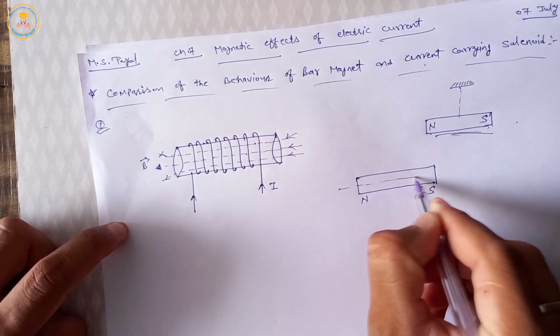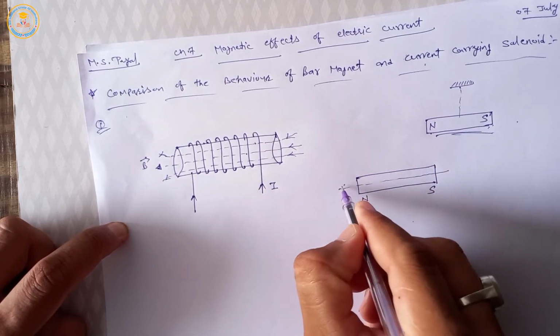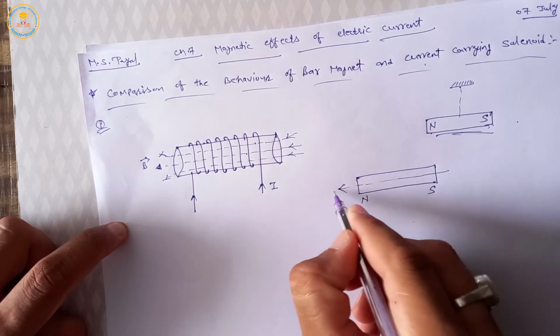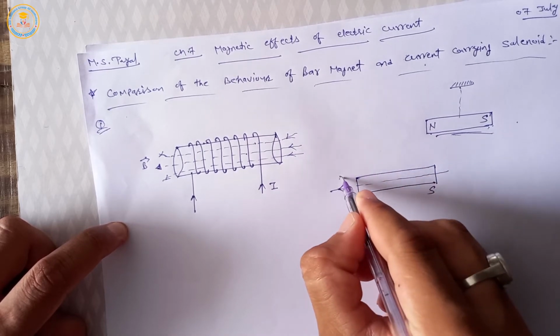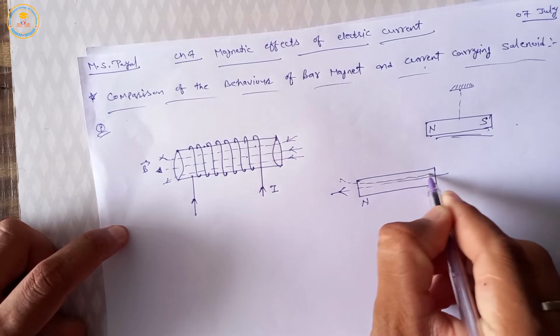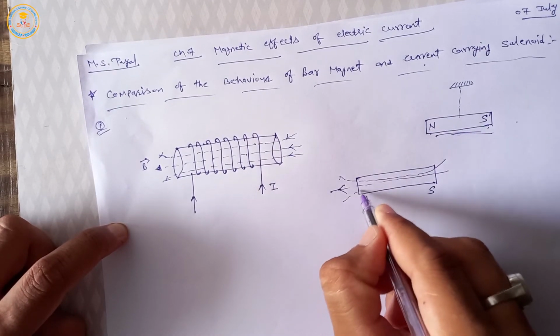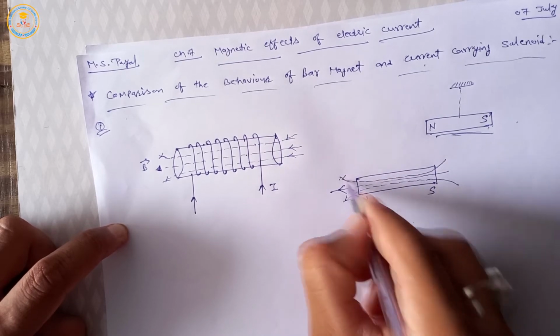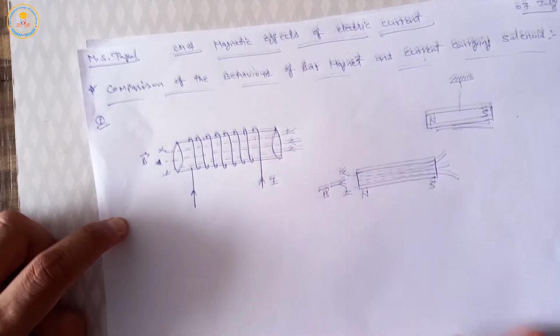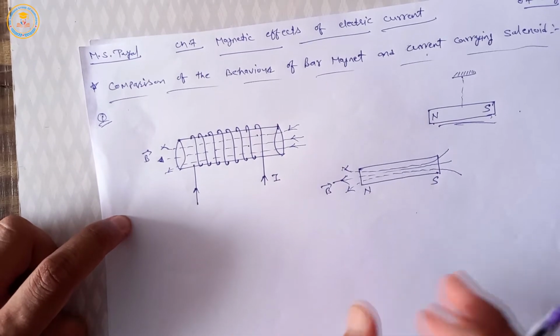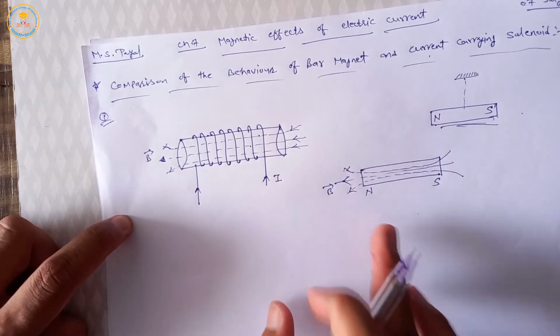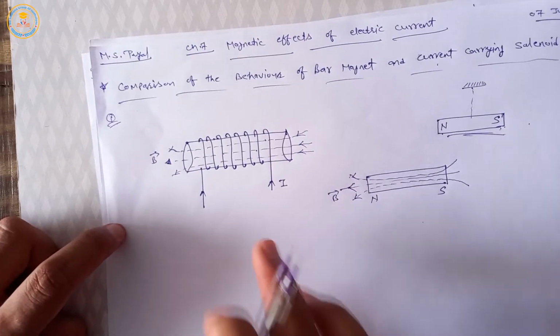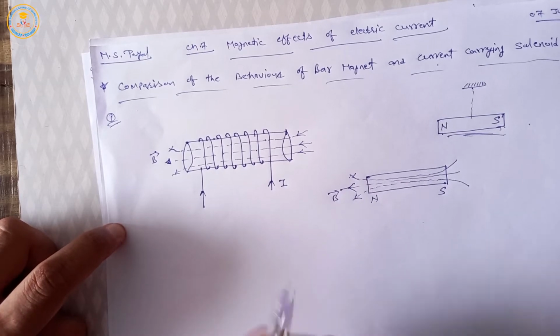This is the axis. The direction is south to north internally, then curved like this, not parallel to each other. These are in curved form, or we can say circular form. This is one difference between a bar magnet and a current carrying solenoid.